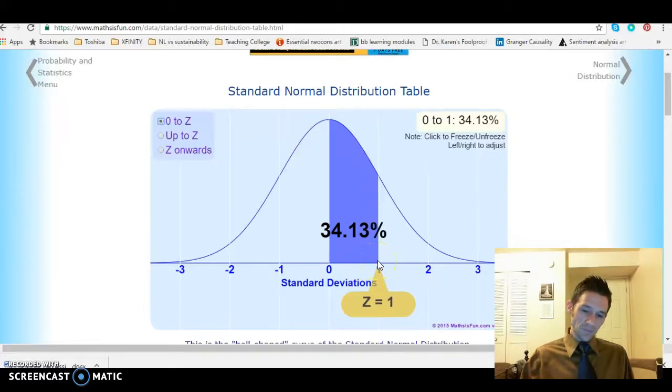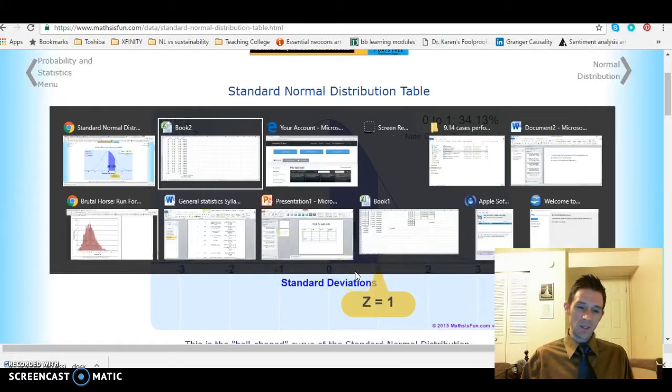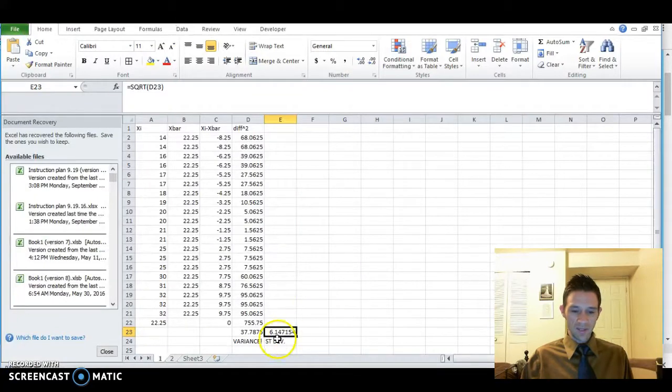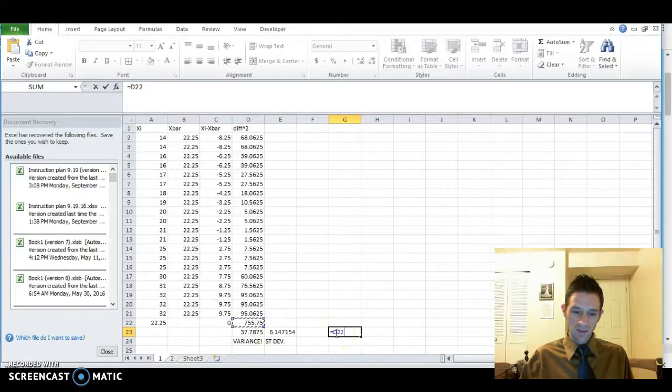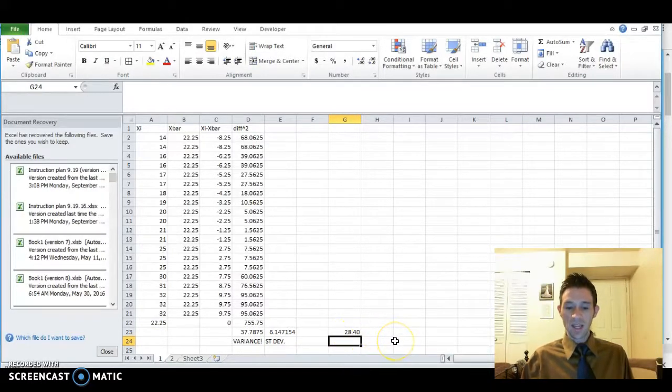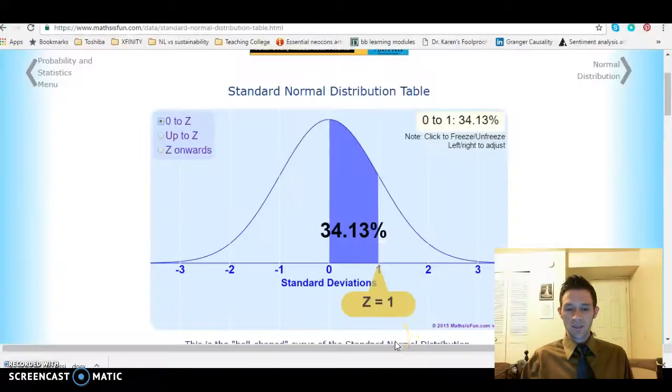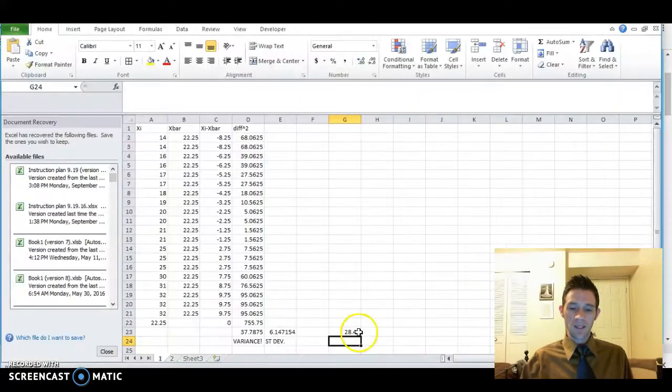Then, if we add our standard deviation, 6.15, to the mean, we get 28.40. So this number right here is 28.40, and what that means is 34.13% of riders have a speed between the average 22.25 and this 28.40.